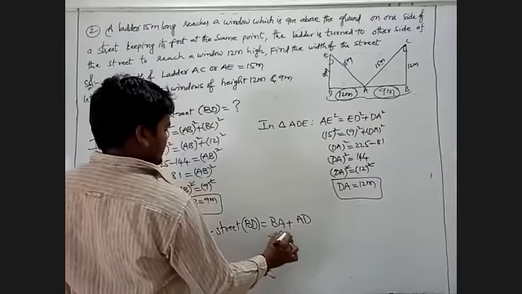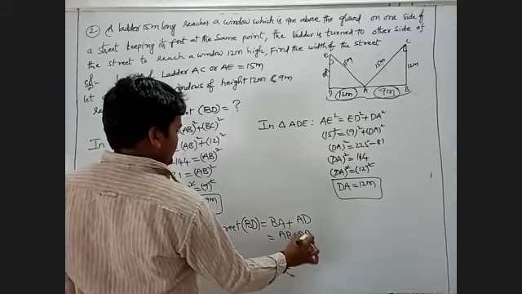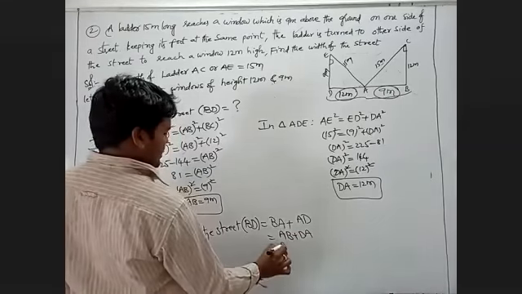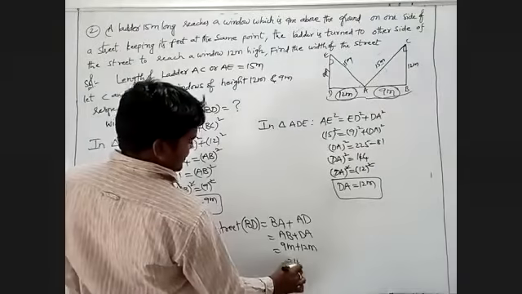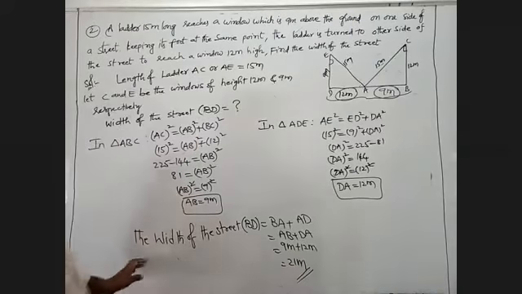BA is nothing but AB plus DA will write, that is nothing but 9 meters plus 12 meters is equal to 21 meters. This is the width of a street. BD is nothing but 21 meters. This is asking the given problem. This is most important for 2 marks from the SSC point of view.